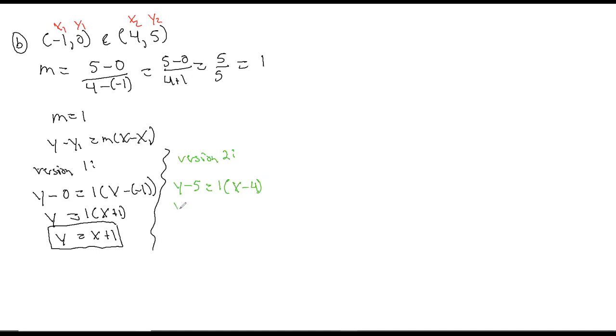Distributing 1 does nothing, so that's y minus 5 equals x minus 4. And then if you add 5 to both sides, you get y equals x plus 1. Look at that, the same equation.